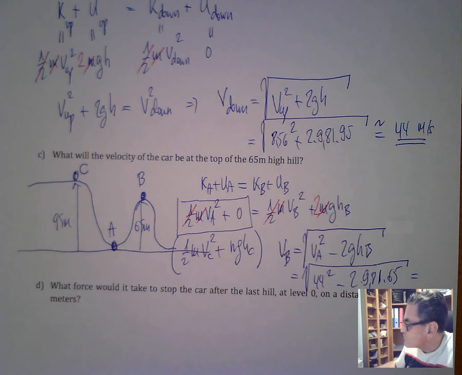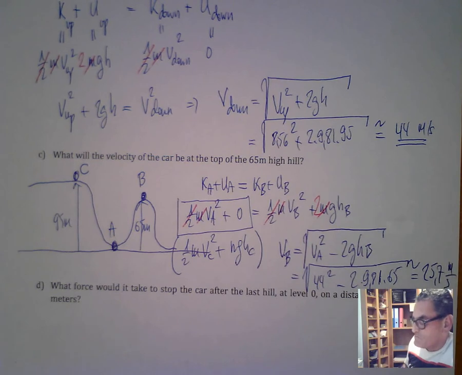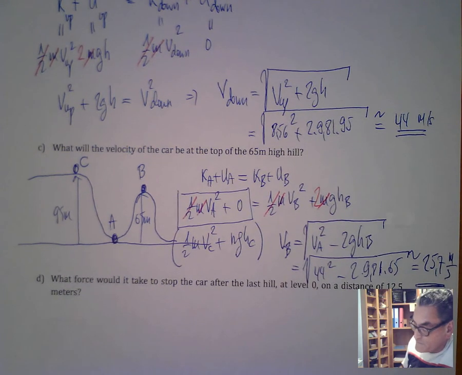You get 44 squared minus 2 times 9.81 times 65, which gives you 660, and the square root is 25.7 meters per second. Sounds okay. We had 8.56 meters per second at 95 meters of altitude. 30 meters lower at 65 meters we have 25.7 meters per second.